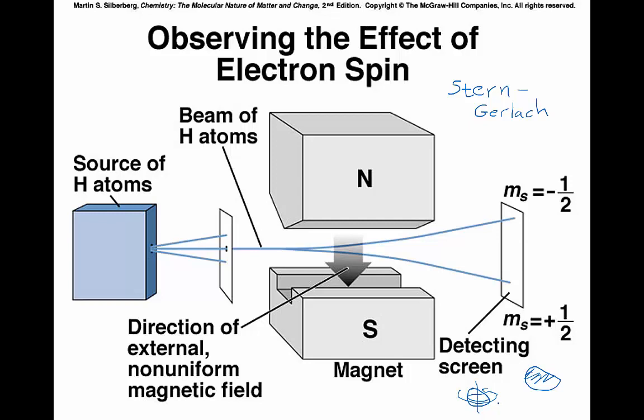As it spins, the electron is going to generate a little magnetic field, just like electrons flowing through a wire will generate a magnetic field. That's how we make electromagnets. And that magnetic field is going to cause the electron to act in a particular way when it flies through this magnetic field and be deflected in one direction. If the electron were spinning the opposite direction, then it would be deflected in the other direction.